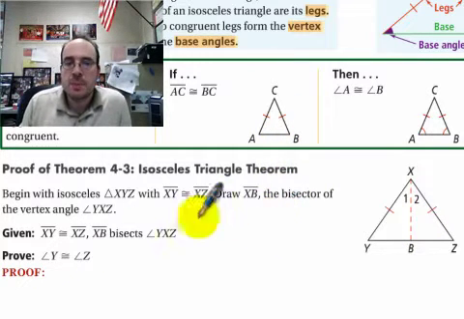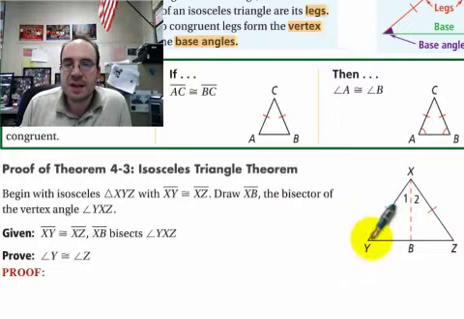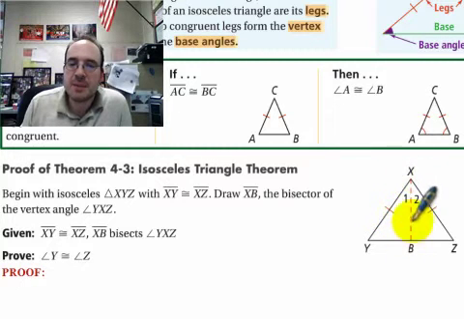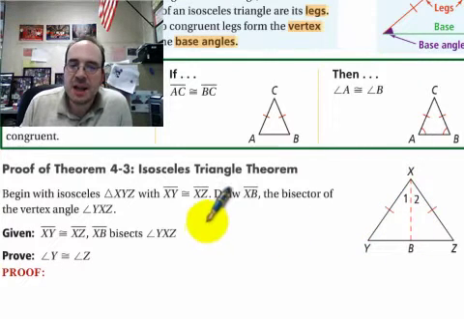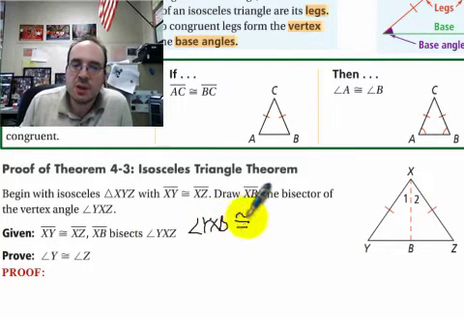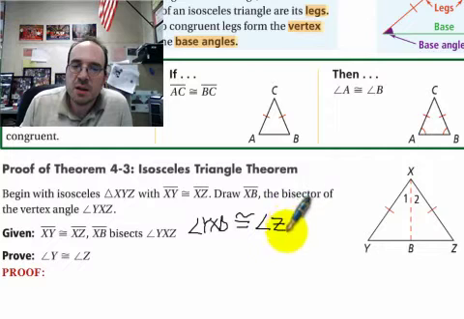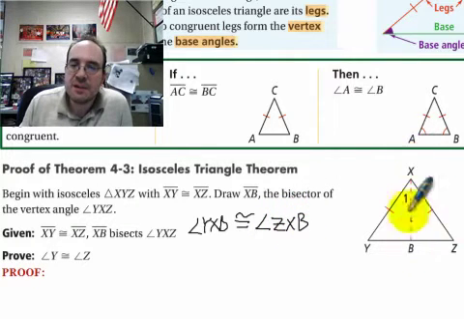So because YXZ is bisected by this segment, that means that angle YXB is congruent to angle ZXB, and that is just the definition of a bisector.